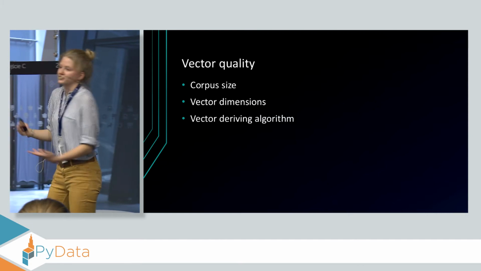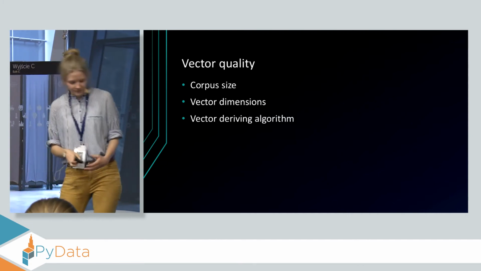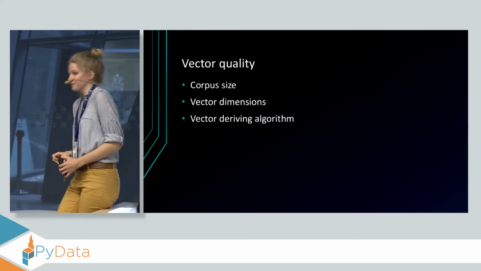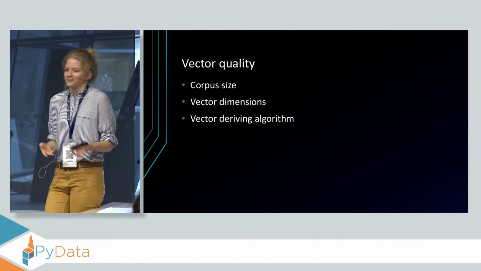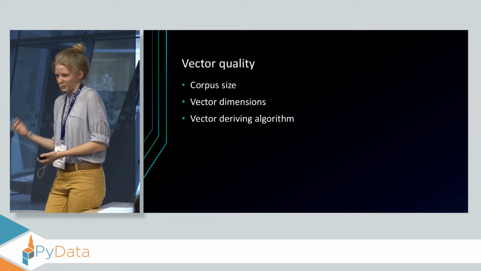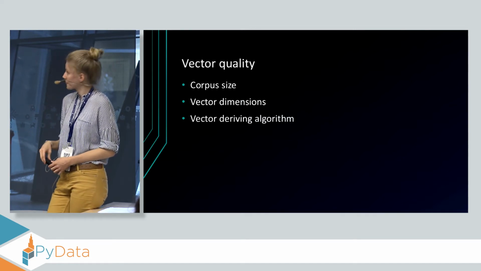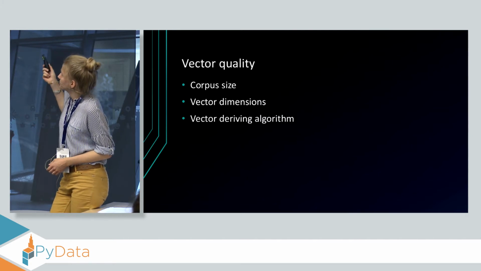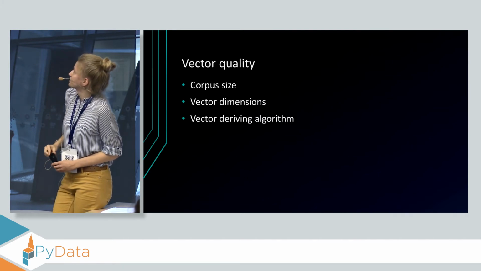Yeah, so vectors are generally of different qualities. Some analogies can be found in some models and some not. So there are three most important things that contribute to the vector quality.